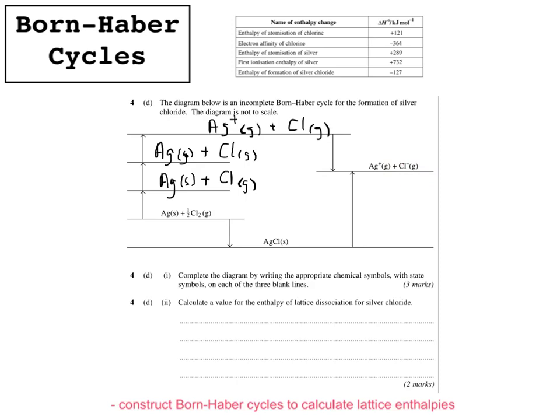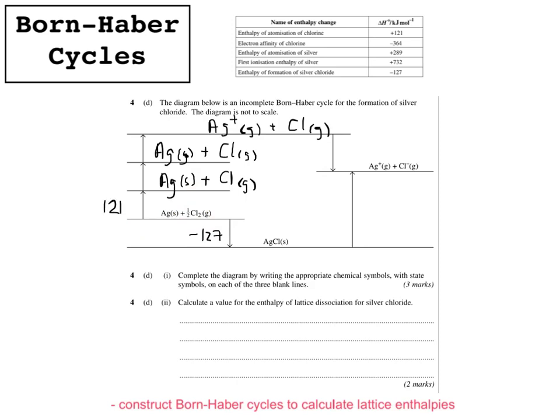by putting numbers on these arrows and then going through the cycle. So this arrow here is your enthalpy of formation, going from silver and chlorine in their standard states to silver chloride. So that's going to be minus 127. This arrow here is the atomization of chlorine. So that's 121.